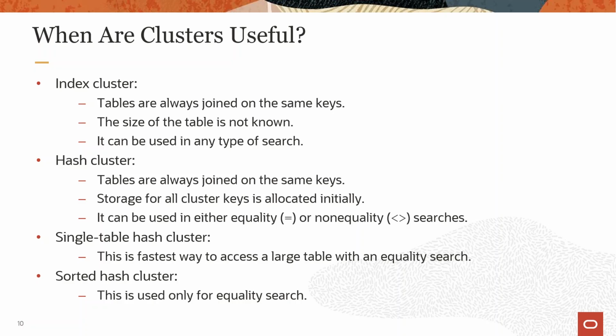Now, reading upon a normal heap organized table or reading upon a cluster table, that's exactly the same syntax, in fact. So your application code will not change. It's only the underlying method for storing the data that is being changed, but not the application code itself.